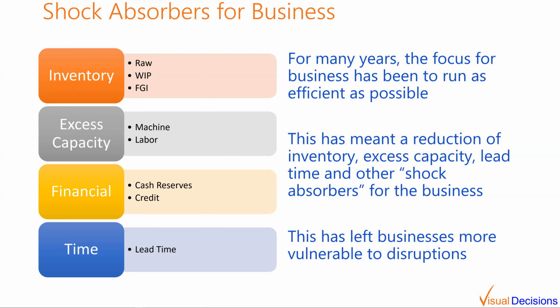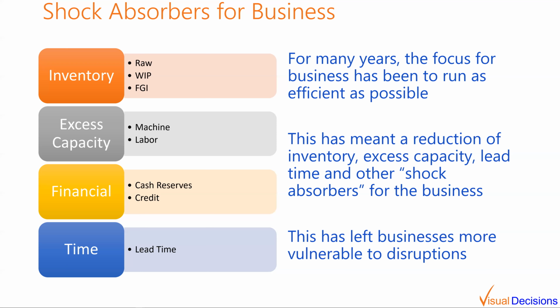From a financial point of view, having those cash reserves or the credit on hand in order to be able to make rapid investments when necessary, in order to capitalize on those opportunities, in order to meet those disruptions and so forth that are happening within the business. And then also from a time perspective, being able to quote a slightly larger lead time than you think you may need in order to meet a customer order, so that you give yourself time to handle any disruptions that come up.